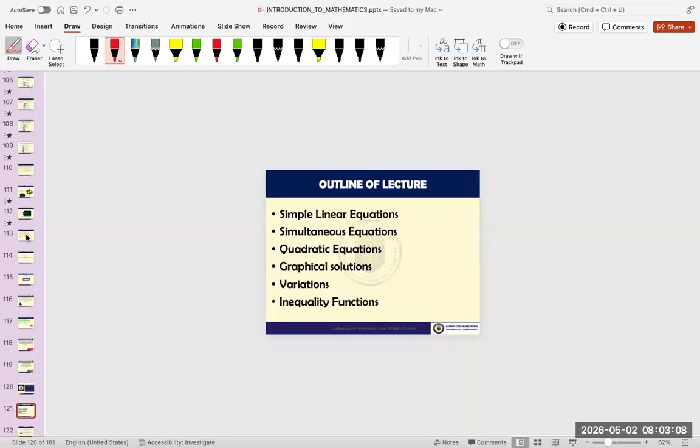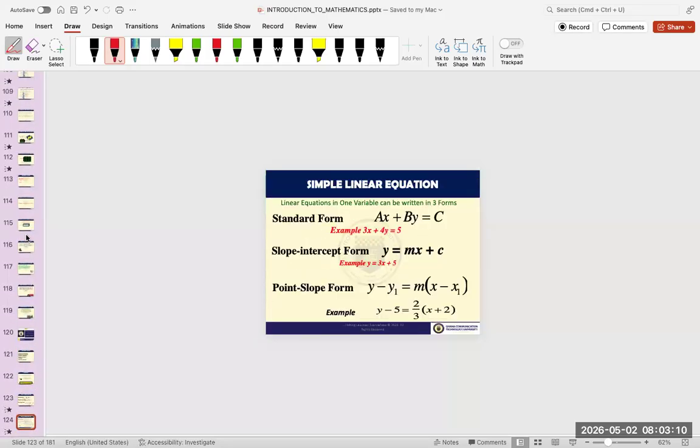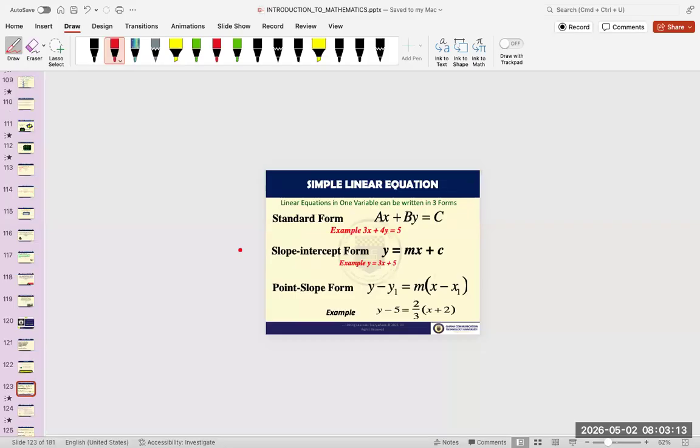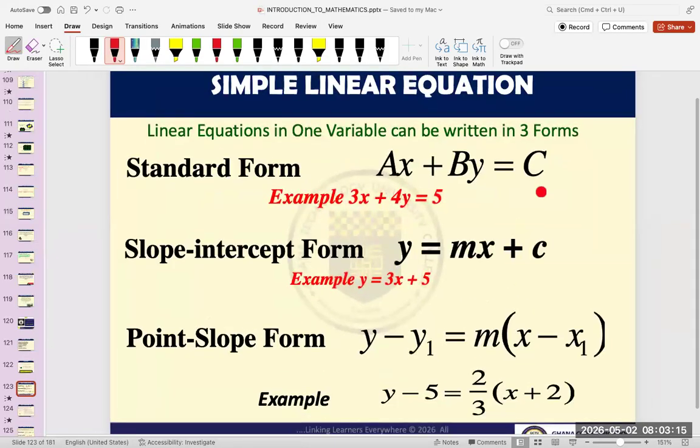The first one we called the standard form equation, ax plus by equals c. The second one we called the slope-intercept form, y equals mx plus c. And the third one we called the point slope form, y minus y1 equals m into x minus x1.